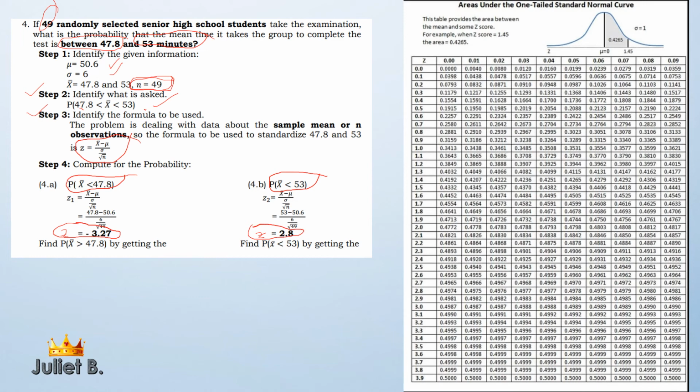So, meaning to say, the probability of the sample mean greater than 47.8 will be the probability of z greater than negative 3.27.